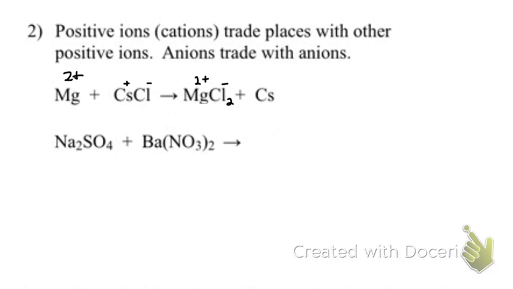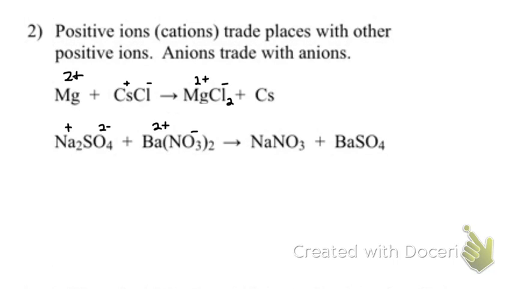This is an example of a double displacement again. Sodium's plus 1, sulfate's minus 2, barium's 2 plus, nitrate's minus 1. That's why we needed 2 nitrates there. So, our positive sodium is going to kick out our positive barium, and Na is going to bond with NO3.